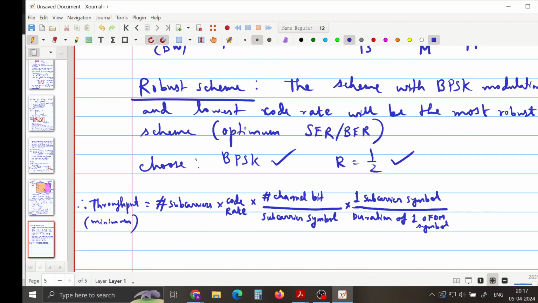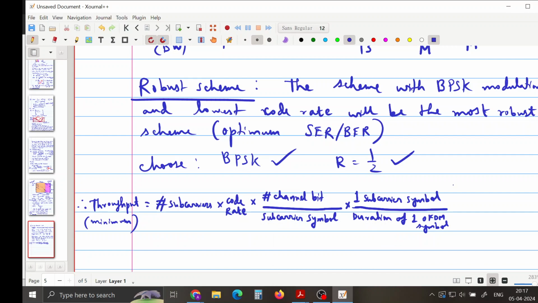So one subcarrier symbol will actually last for the 15 microseconds. Okay, so that I'm taking care of here. And one subcarrier symbol will have those number of channel bits, because at the end of the day I want to express in bits per second.